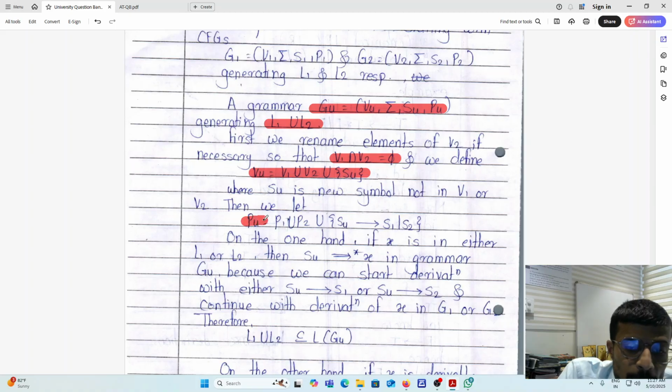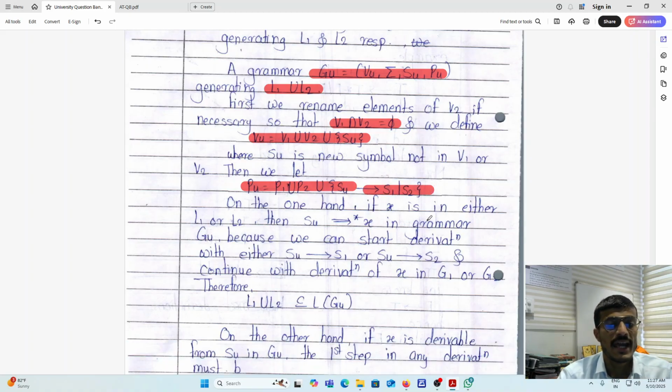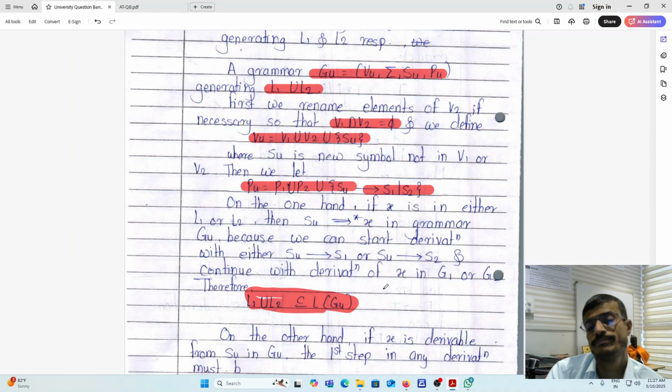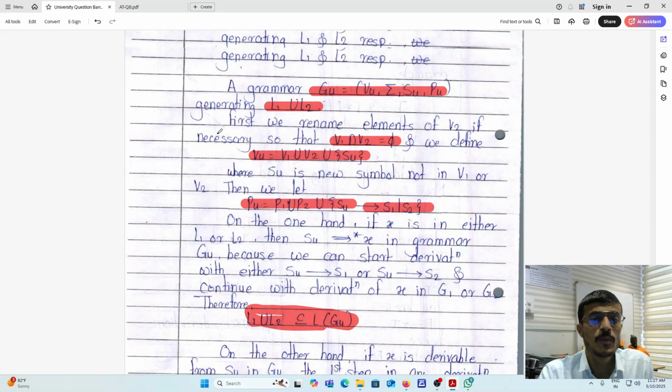PU will be P1 union P2 union SU, where SU tends to S1 or S2. That is the thing. Okay. And likewise, L1 union L2 is a subset of L of GU. So that is for union.